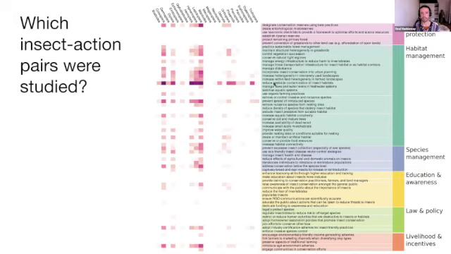You can see that reducing pesticides was very common in Hymenoptera, Hemiptera, and Lepidoptera, I think, and in Coleoptera. That's what we might expect. You can also see some of the other gaps and clusters as I described in the heat map for the previous slide.